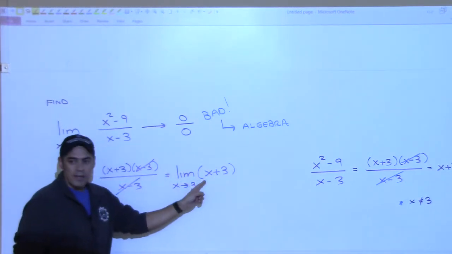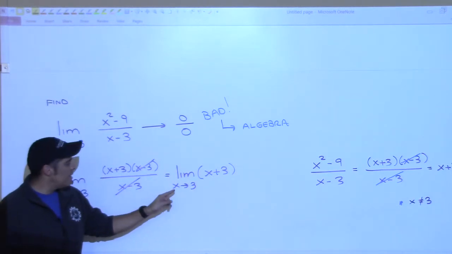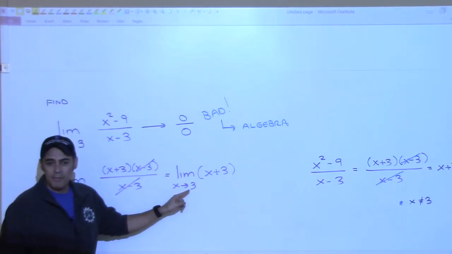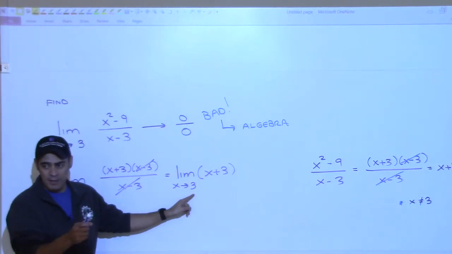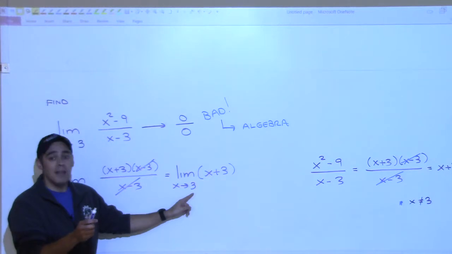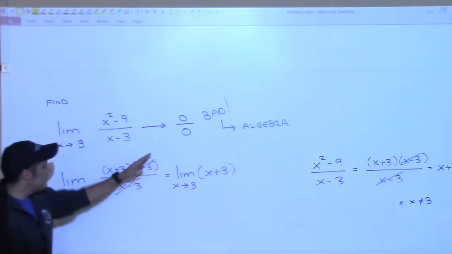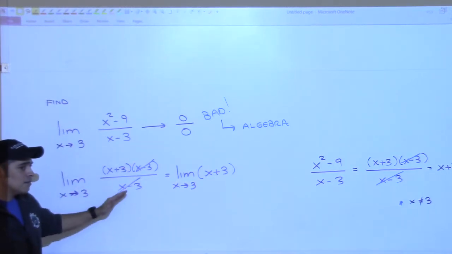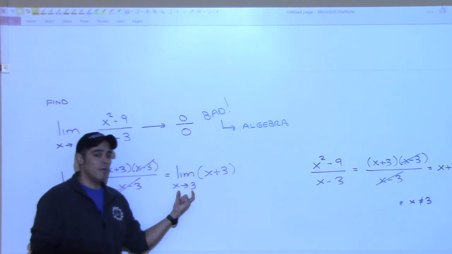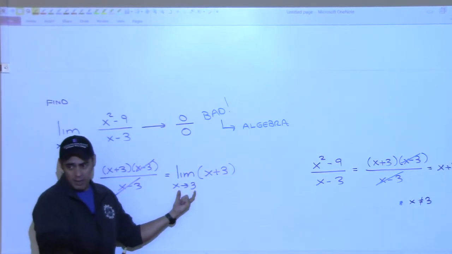So when we look at this, I'm now going to take the limit, and I'm going to let x what? Approach 3. Does that mean I'm going to let x be 3? No, I'm going to let x approach 3. And that saves us, because we can only cancel that as long as we promise not to let x be 3. The limit is saying, yeah, we're getting close to 3 without actually ever becoming 3.